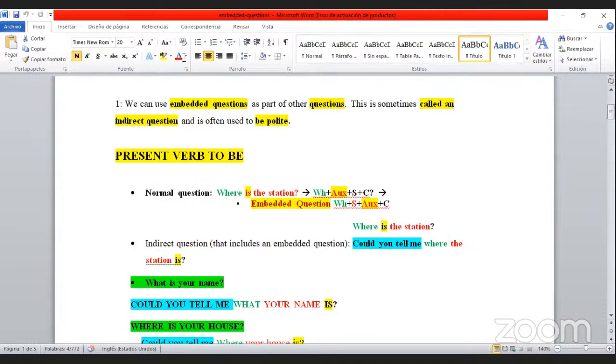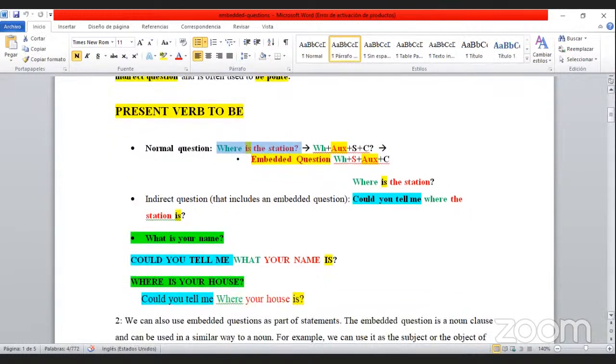So in this part, we're going to start with the first tense, that is verb to be. In this case, we have an example. Where is the station? So this is the normal question, right? This is verb to be. So what is the structure for this question?